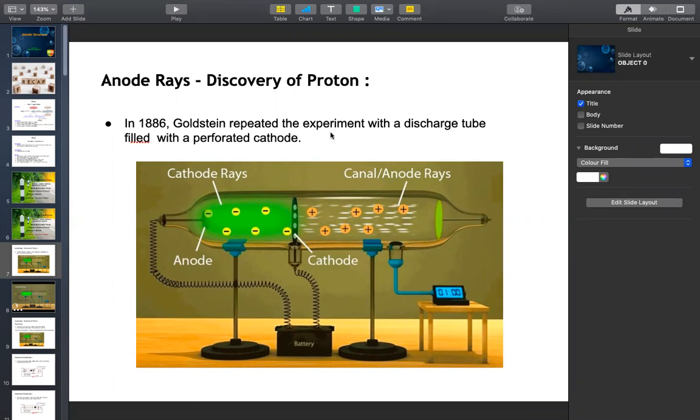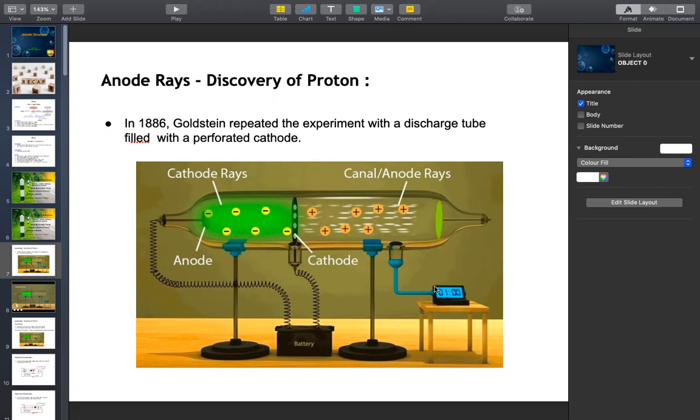So what was done in this discharge tube? You can see here a tube. The scientist Eugen Goldstein performed the discharge tube experiment with a perforated cathode. Perforated cathode means this cathode has holes. Now what will happen? He observed a red glow behind the cathode, on this wall.